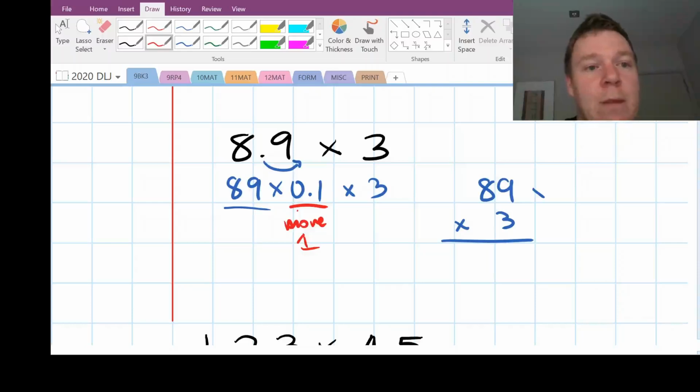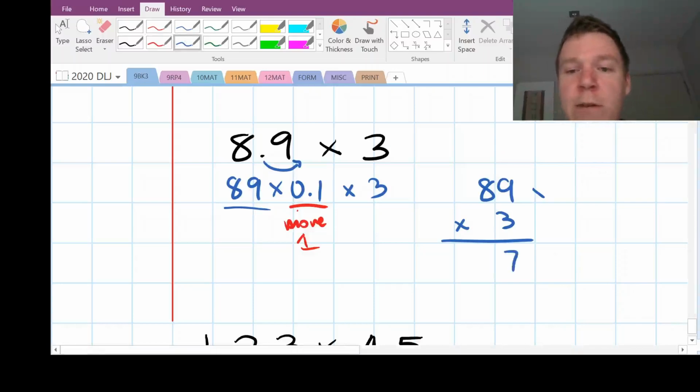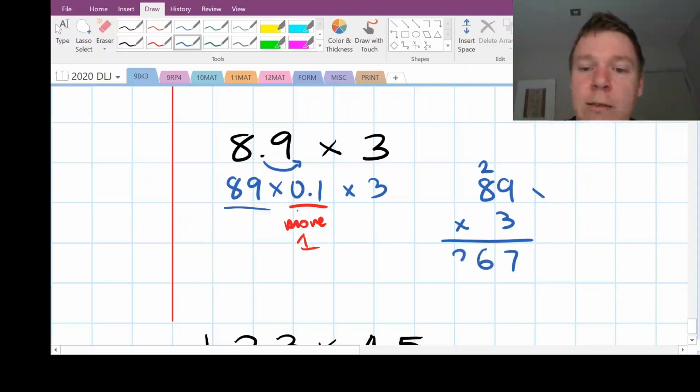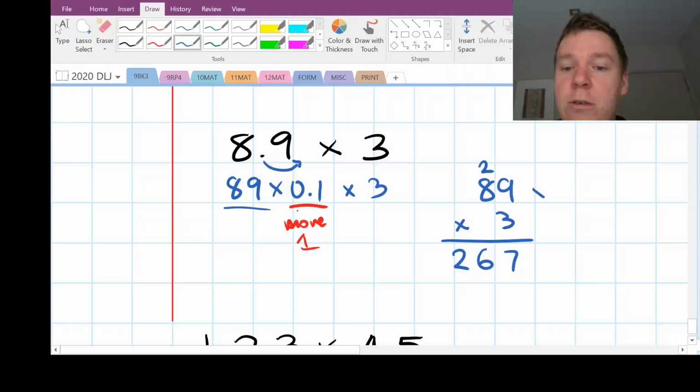But I'll just do it nice and slow. 9 times 3 is 27. Carry the 2 up. 3 times 8 is 24. Plus 2 is 26. So that problem would get us 267.